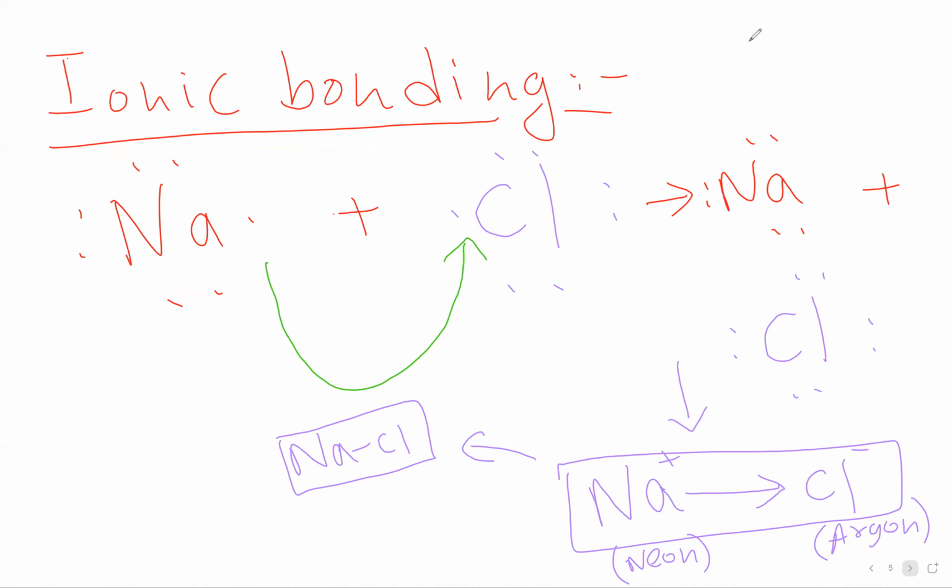If you take an ionic bonding example, we have sodium here and chlorine here, and we have electrons. These are electrons in the valence shell. So 1, 2, 3, 4, 5, 6, 7 valence electrons, and here we have 7 valence electrons.